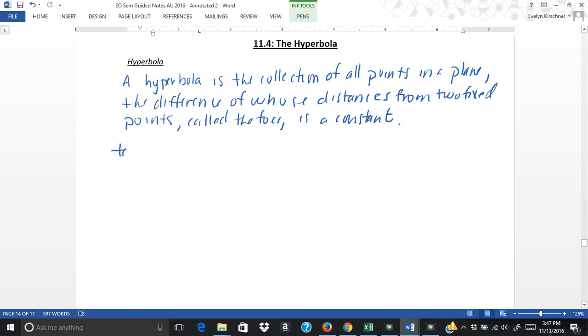We call the transverse axis the line containing the foci.